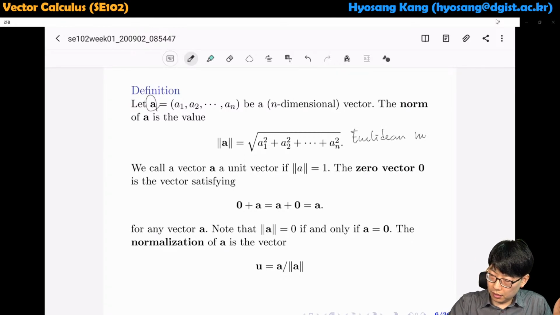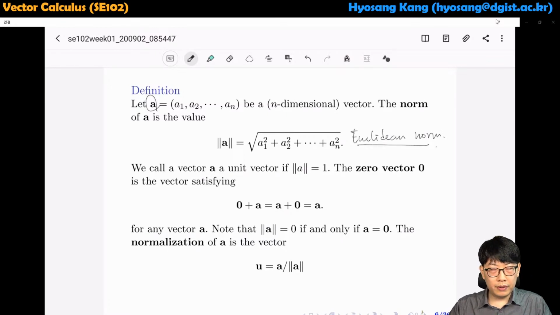If you apply that to two-dimensional or three-dimensional vectors, it actually measures the length of the vector, or the length of the position vector if you want. That's a very natural concept. And we call a vector a unit vector if its length is 1.